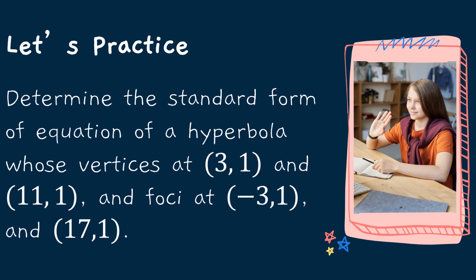And the foci is at negative 3, 1 and 17, 1 as your F1 and F2. The problem is we do not have a center and the values of A squared and B squared. We only have the coordinates for the vertices and foci.